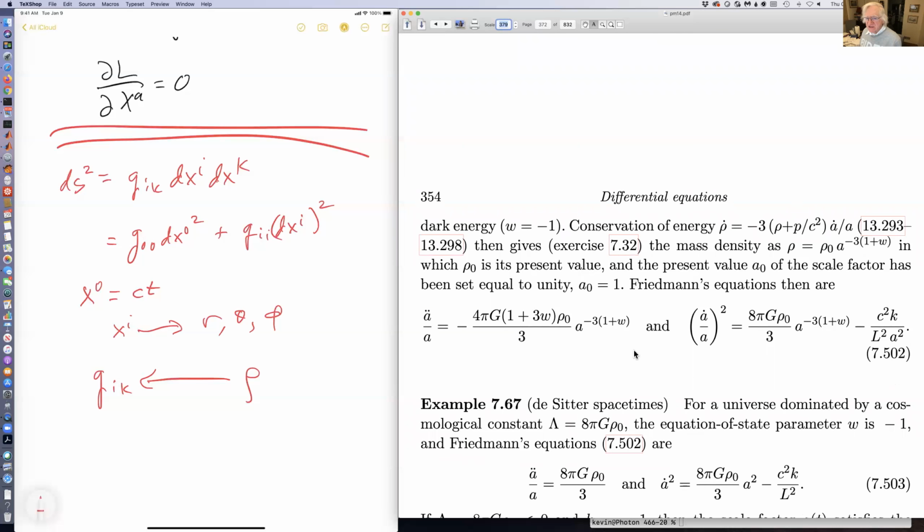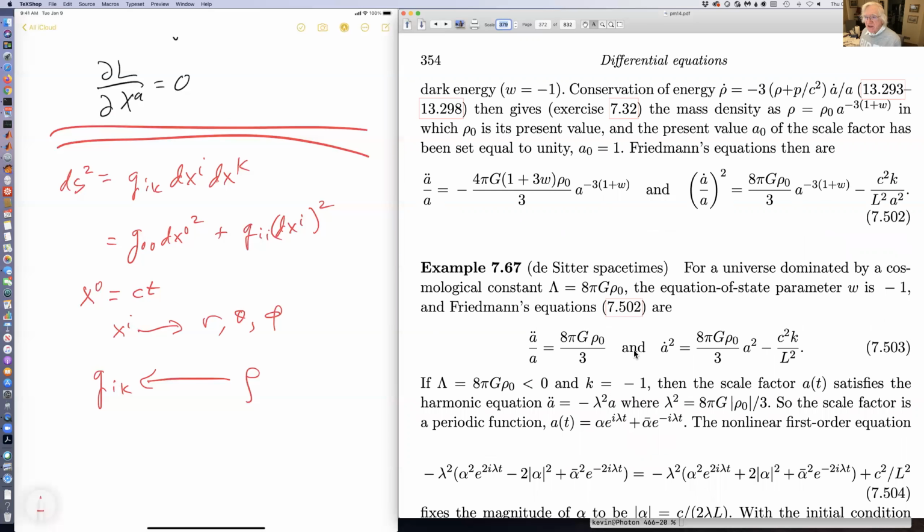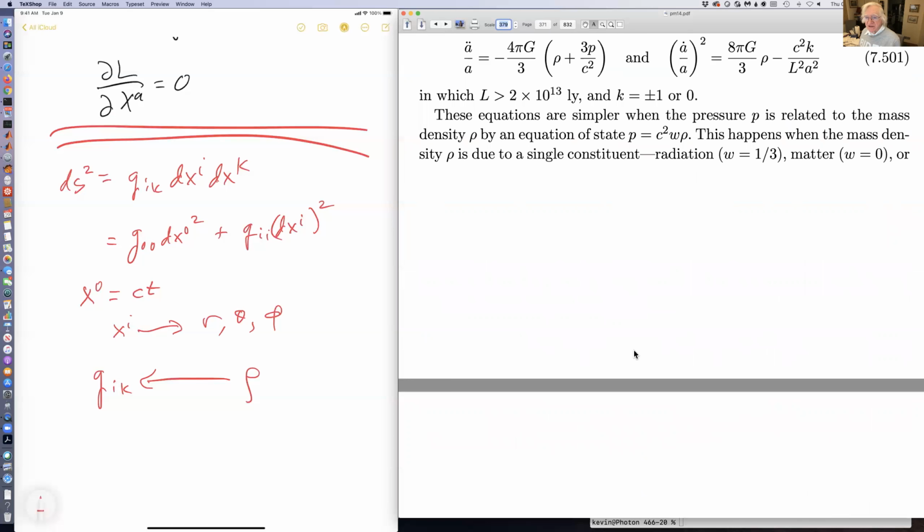Now, the case where we're talking about dark energy is when w is -1. So that's that the pressure is minus the energy density.